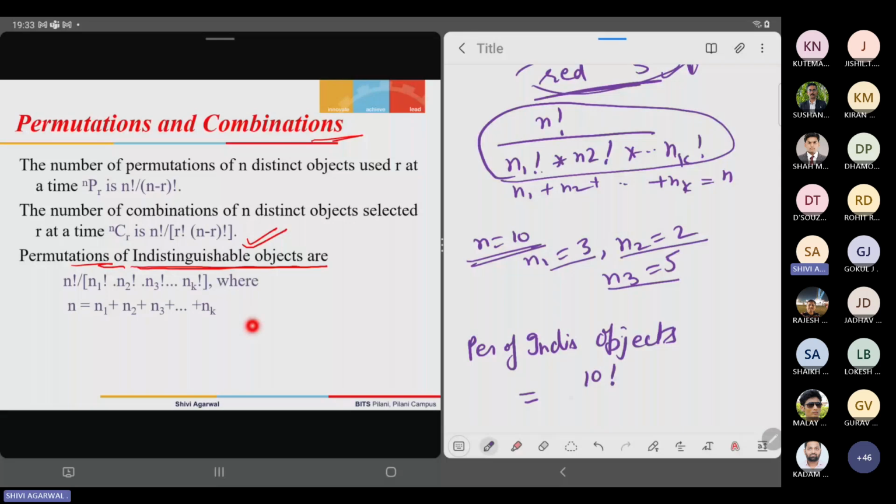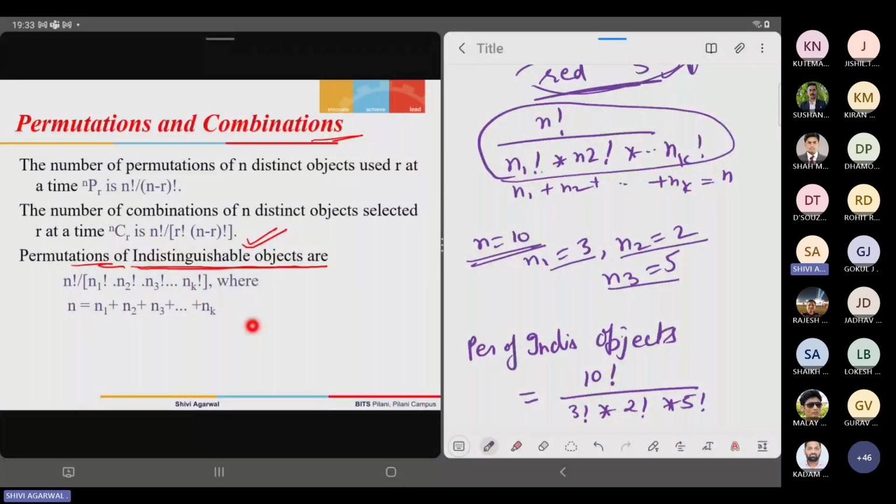Indistinguishable means they are not distinguishable individually. Okay, they form some groups. For example, I can group the students city-wise: how many students from Chennai, how many from Bangalore, how many from Mumbai, how many from Delhi.